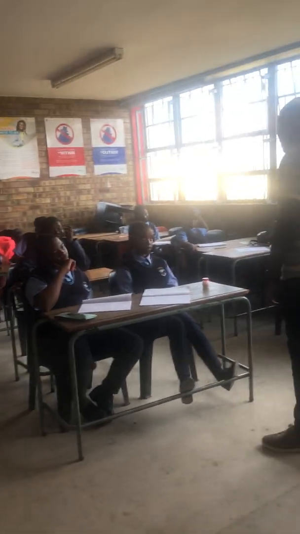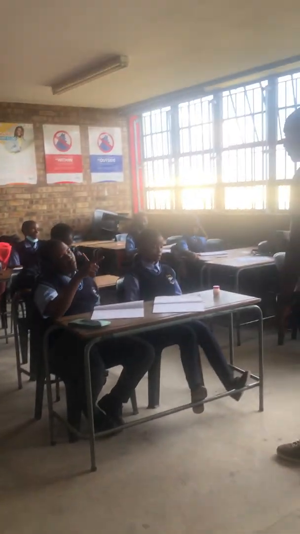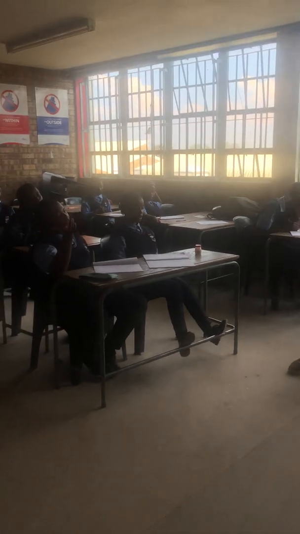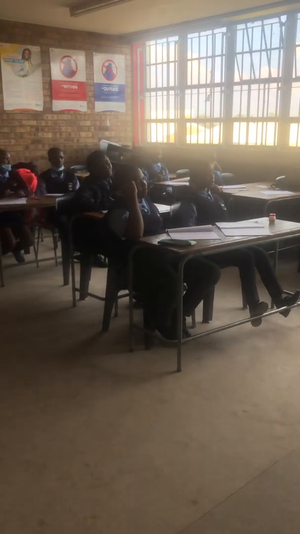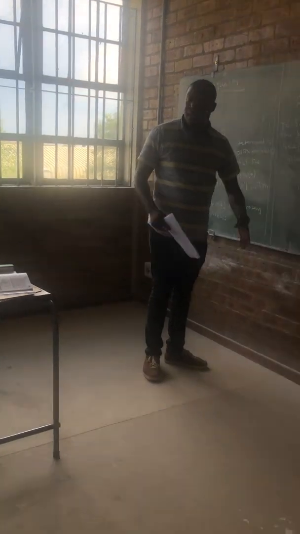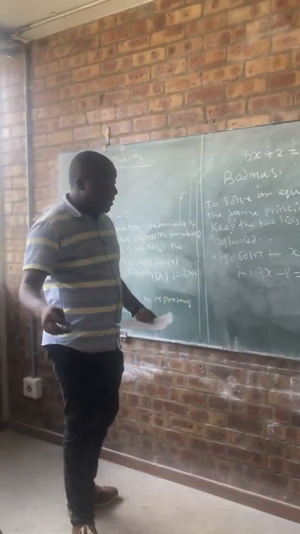So how are we going to find that? We move 8 to the other side of the equal sign, or we can look for the additive inverse of 8. If it is negative 8, that means it is going to be positive 8.